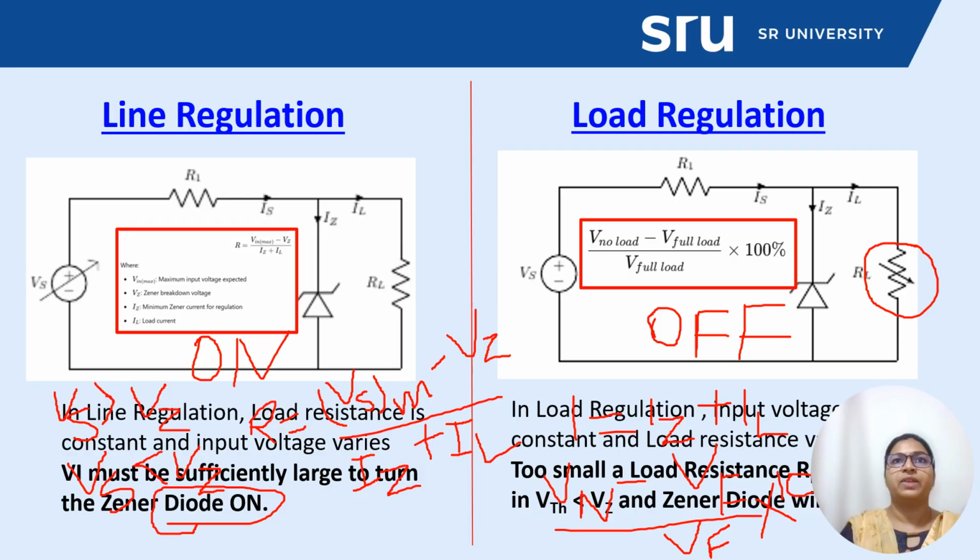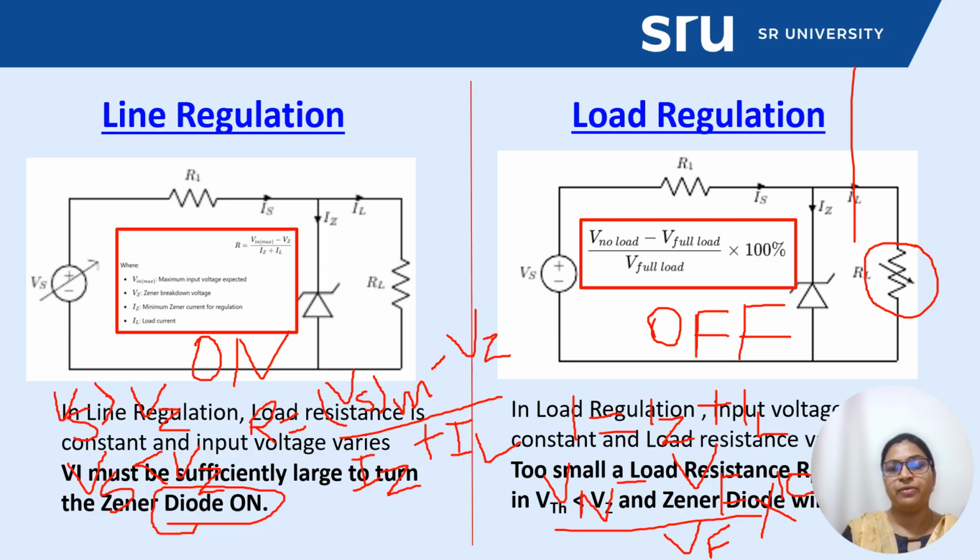Suppose we want the Zener voltage of 5.1 volt, and our input voltage is 12 volt, and the load changes from 1 kilo ohm to 1000 ohm. The Zener diode current flowing internally will adjust, so we get the same output voltage. Let me clear it.